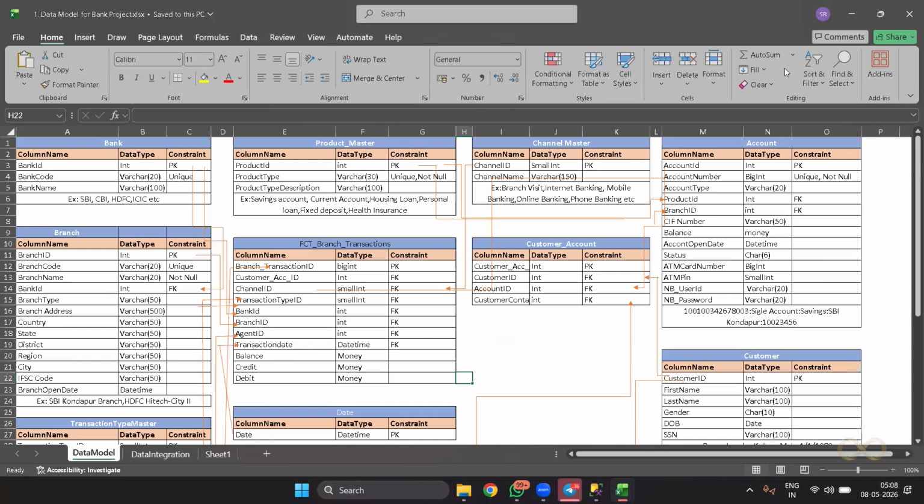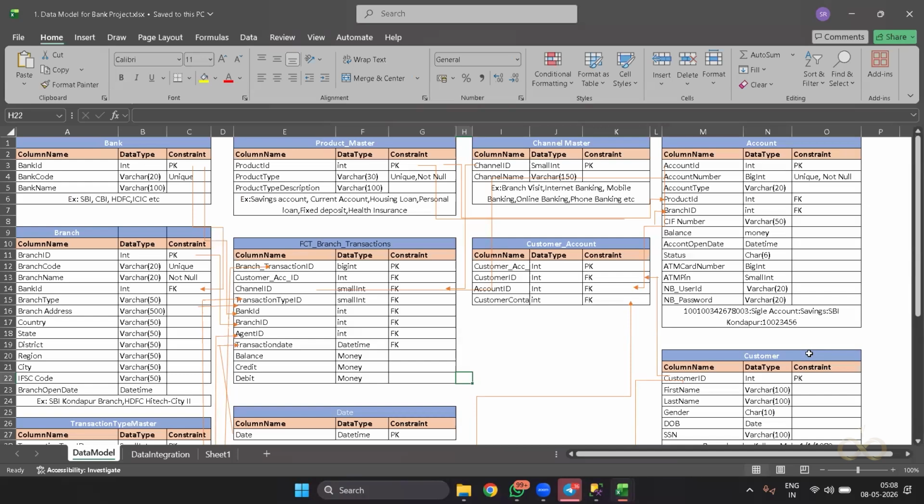So let's discuss this one first of all. In the real world, whenever you work on any real-time project, in banking or any other type of project, this is called an ER diagram.